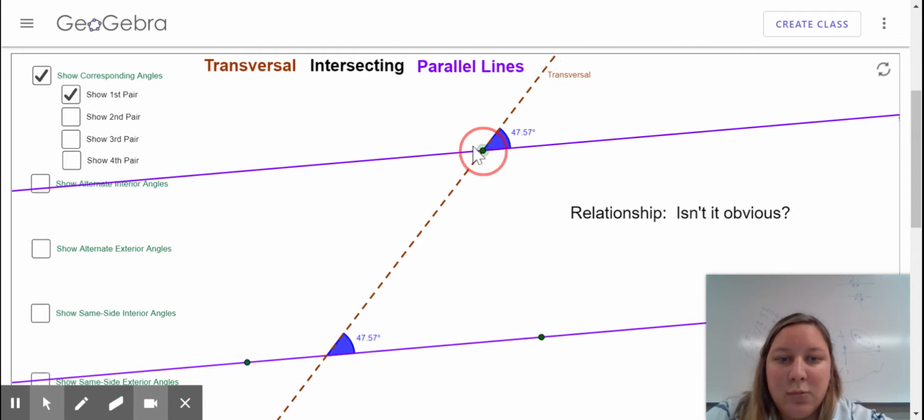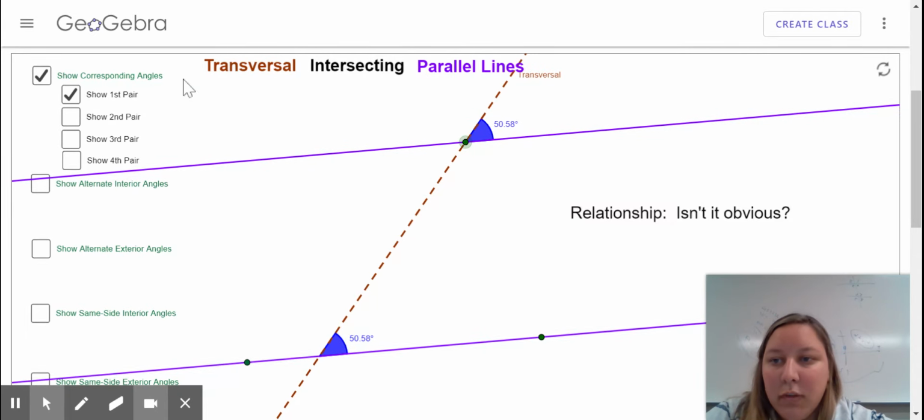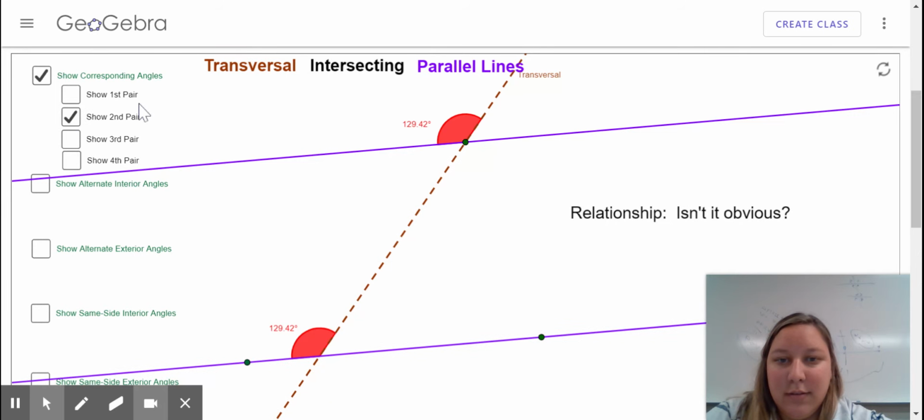So first we have corresponding angles, and I just showed you all the different kinds. Notice that as I'm switching from the second pair to the fourth pair, those are congruent also. Those are vertical angles. This angle up here and this angle down here are vertical angles, so those are congruent.